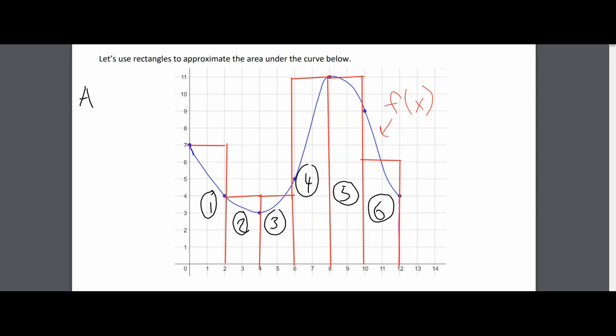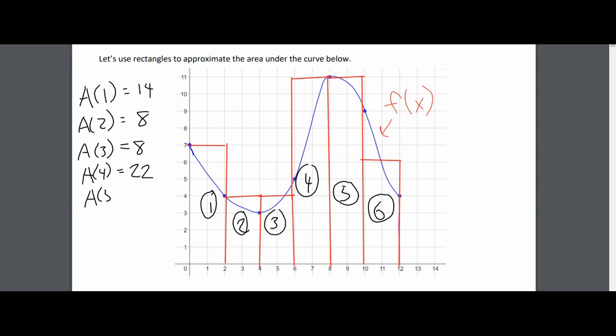Area of rectangle 1, well, that's going to be 2 times 7, so that's going to be 14. Area of rectangle 2, that's going to be 2 times 4, which is 8. Area of rectangle 3, also 2 times 4, which is 8. Area of rectangle 4, that's going to be 2 times 11, so 22.